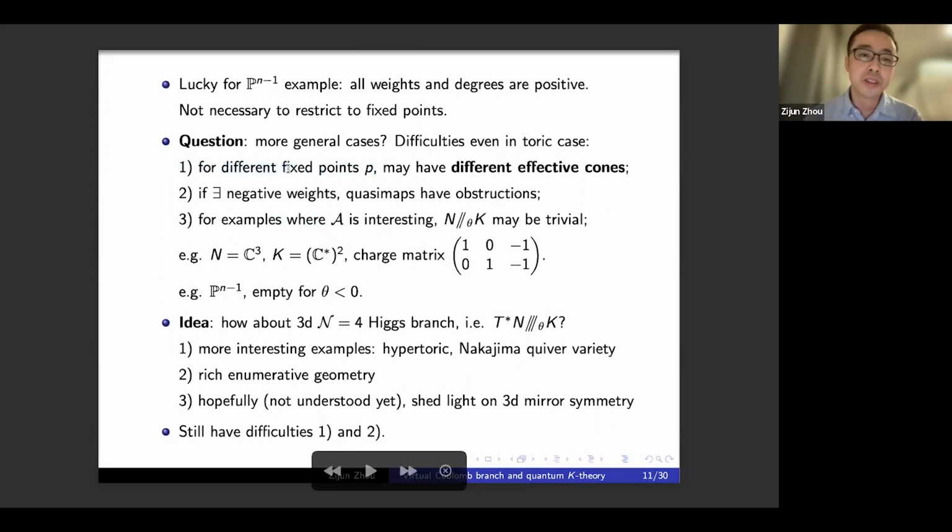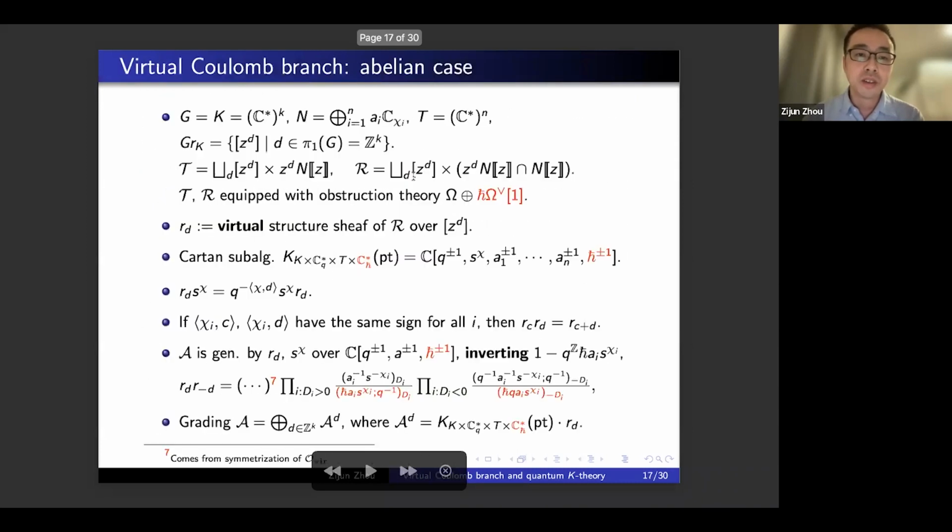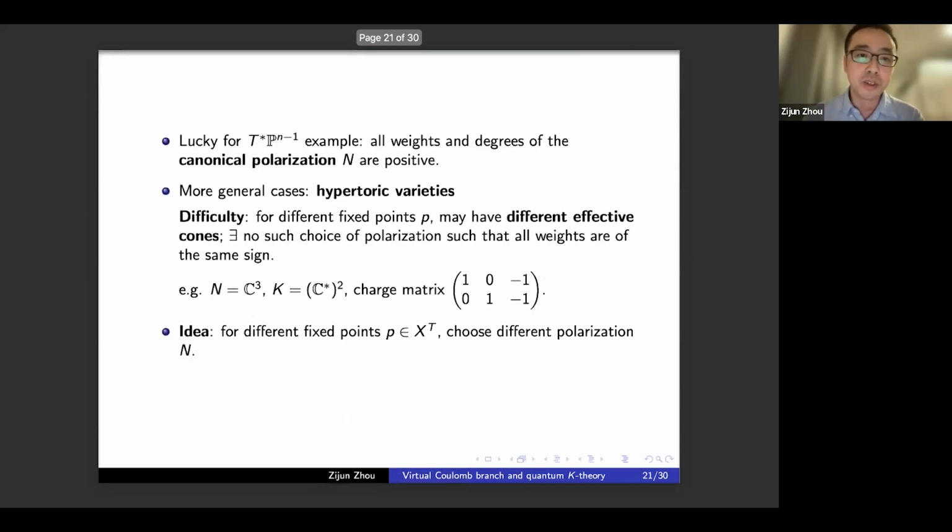This first difficulty says that for different fixed points of this target space, we may have different effective cones. So what does it mean? What's special for the example Pn minus 1 and the example T star Pn minus 1 is that we have a canonical choice of the space N, which is a half in the symplectic representation T star N, which we can call a polarization.